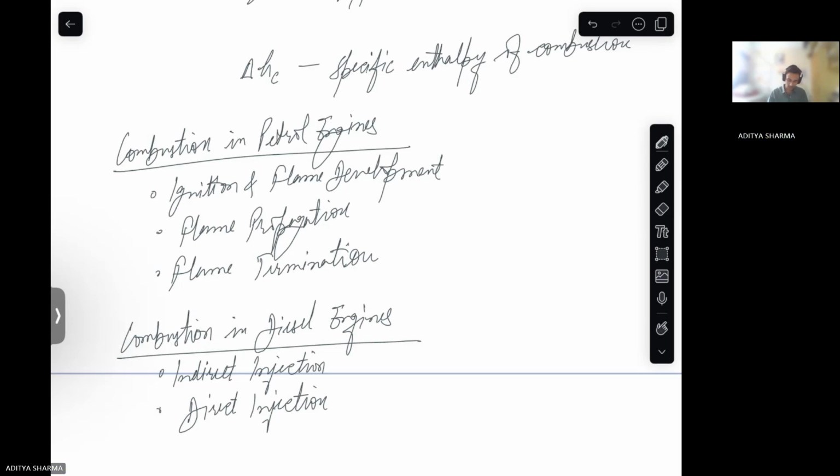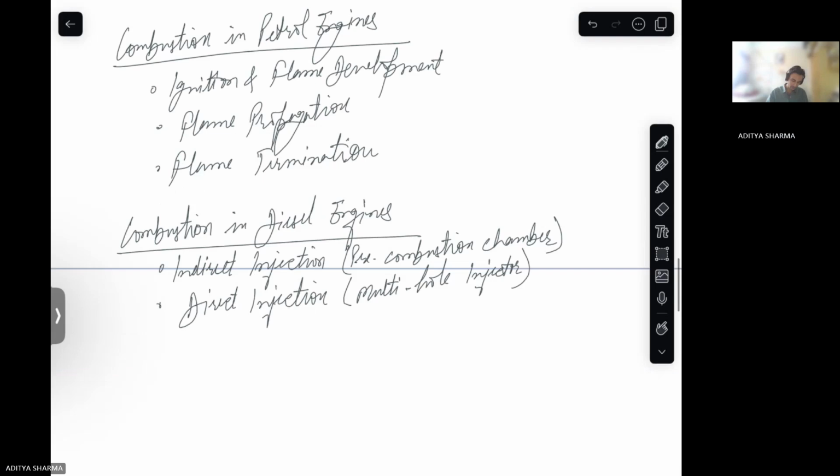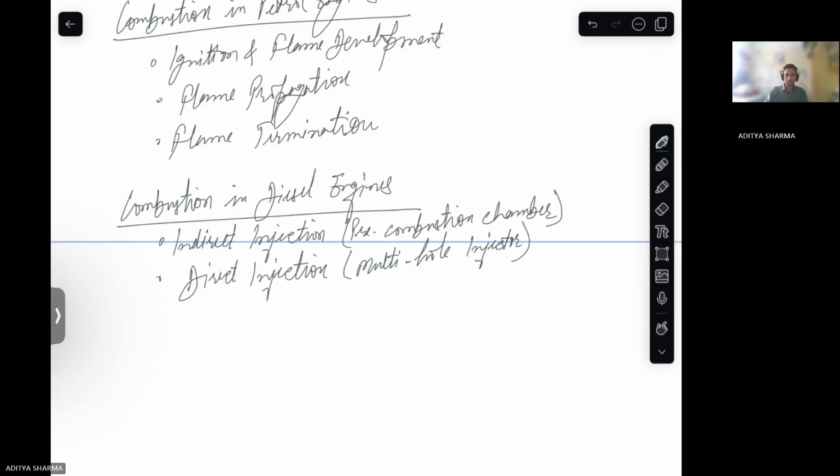In it, fuel is injected into the pre-combustion chamber through a multi-hole injector. So what happens if we see the combustion?